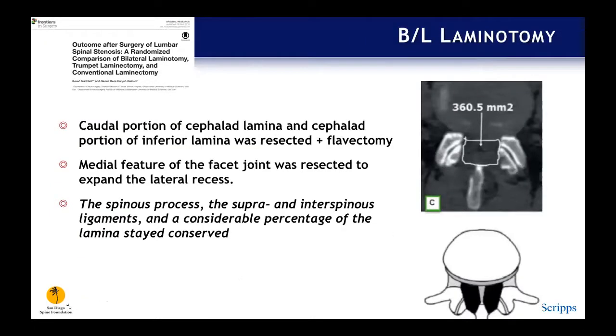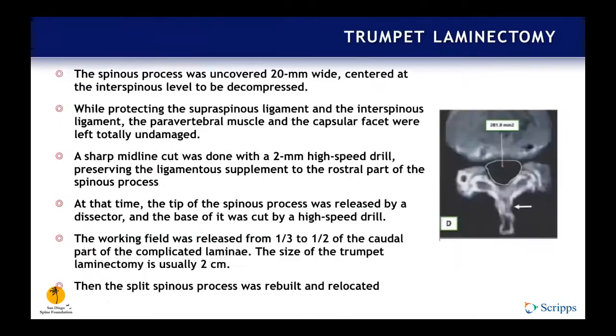In the bilateral laminotomy, they are maintaining a significant part of the spinous process. They take off the caudal portion of the cephalad lamina and the cephalad portion of the inferior lamina, and do their decompression, maintaining the supra-interspinous ligaments and a considerable percentage of the lamina.